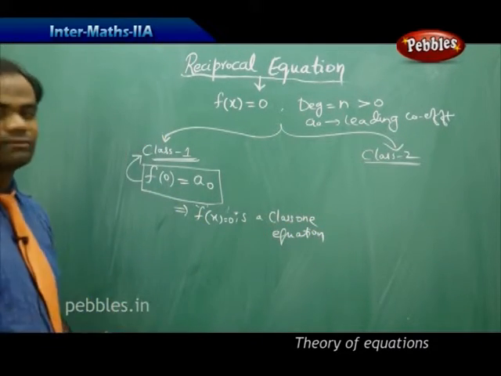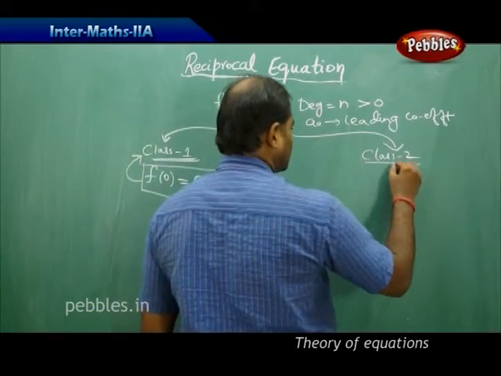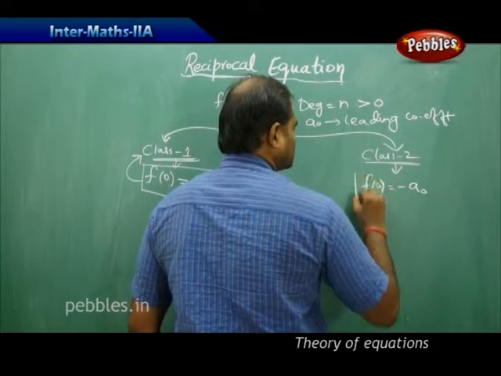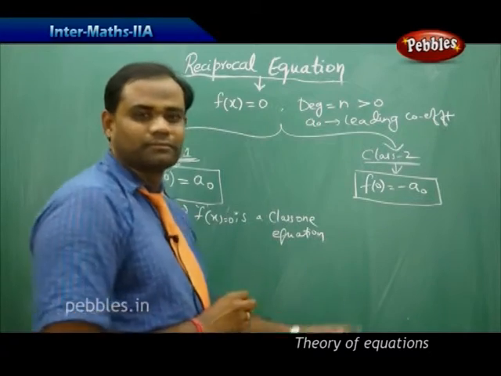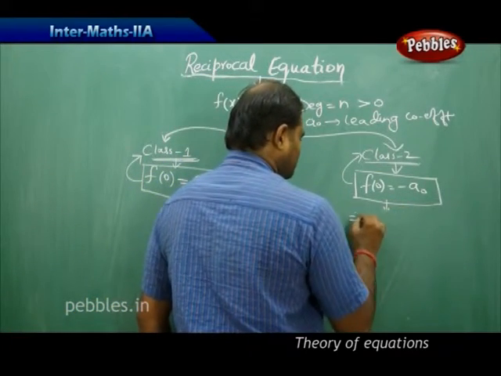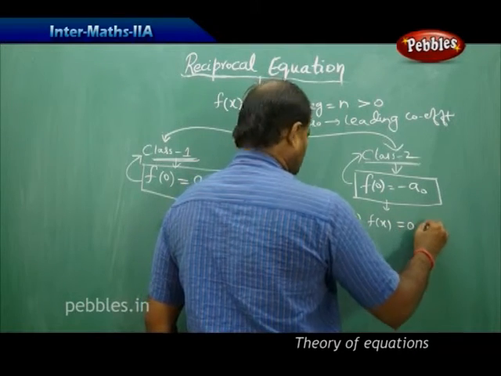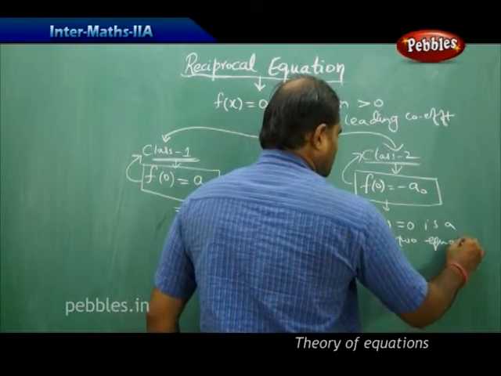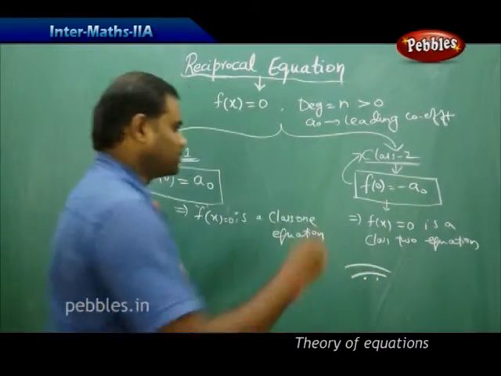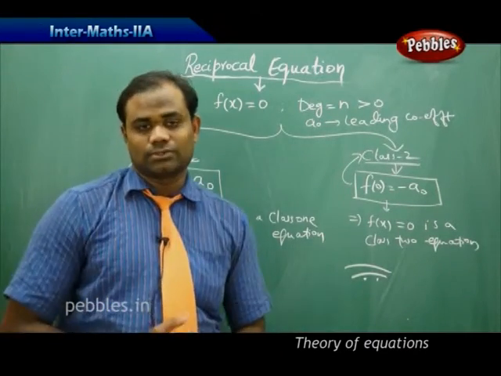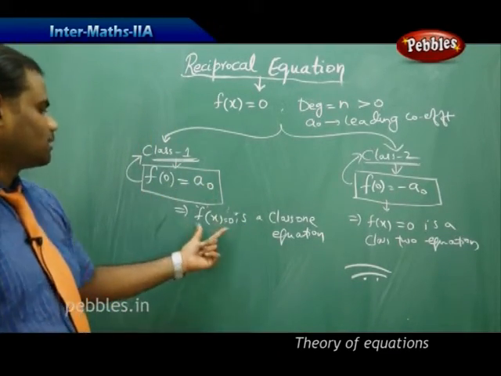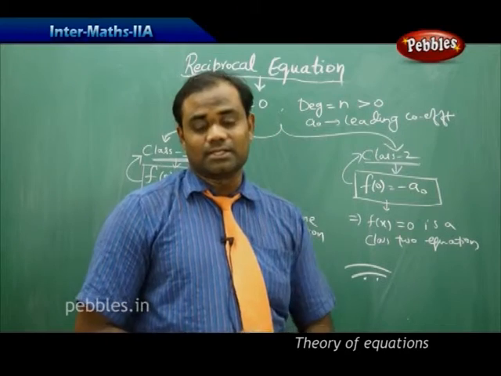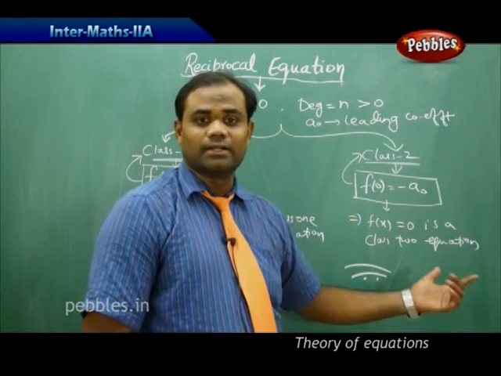Similarly, for class 2, if f of 0 is minus a0, that is minus the leading coefficient of the function, then I say f of x equal to 0 is a class 2 equation. This is how we differentiate between class 1 and class 2. F of 0 equal to a0, f of x equal to 0 is a class 1 equation. F of 0 is minus a0, then this is a class 2 equation. This is how we understand the concept.